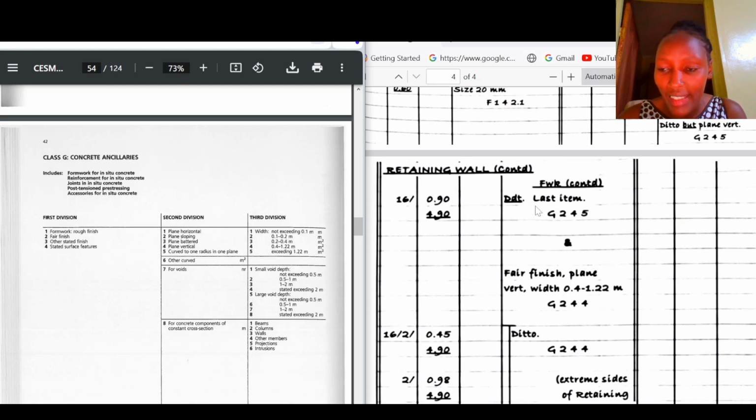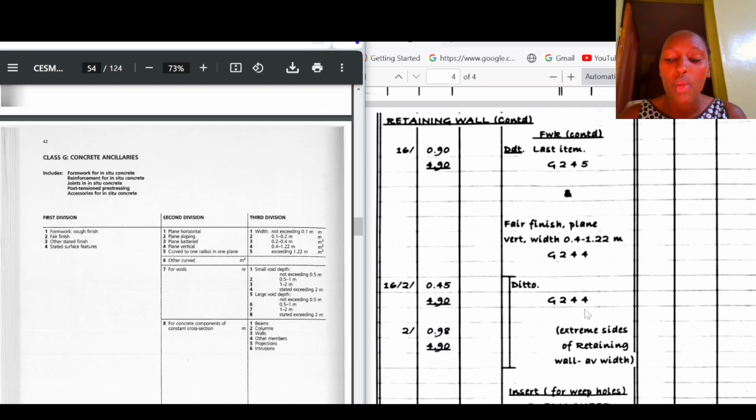That's why we shall deduct it from plain vertical, then we add it to fair finish plain vertical with 0.4 to 1.22 meters. So the coding for this is class G, first division 2, 4 for plain vertical and 4 for the 0.4 to 1.22 meters.